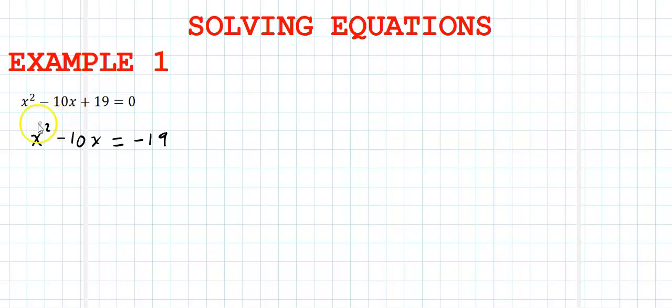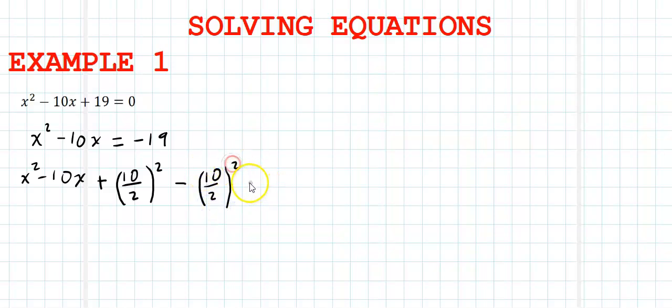Now, we are going to complete this equation, but be careful with this step. X to the second power minus 10x, and we have to add the term b divided by 2 to the second power, and subtract the same expression, equal negative 19.